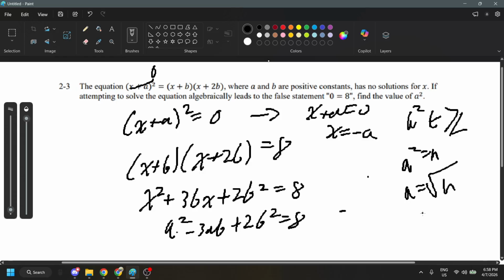Can that ever be a rational non-integer, like 3 over 2 squared? No, it can't be. So a is either an integer or square root. Okay.